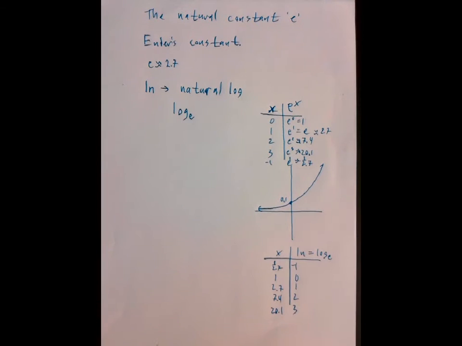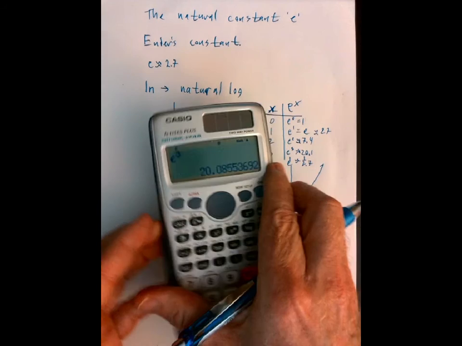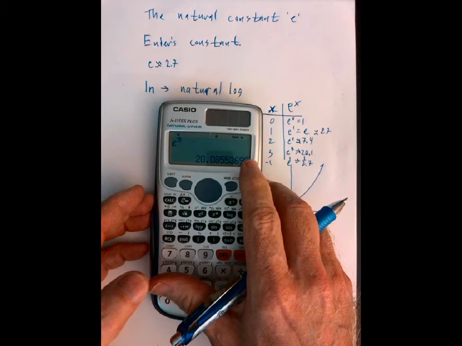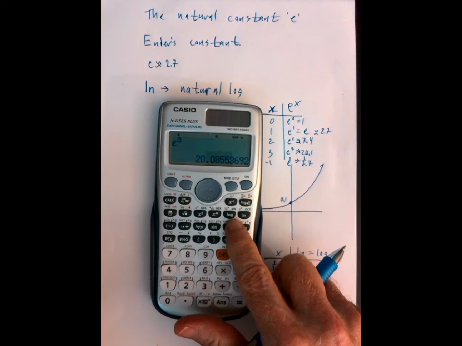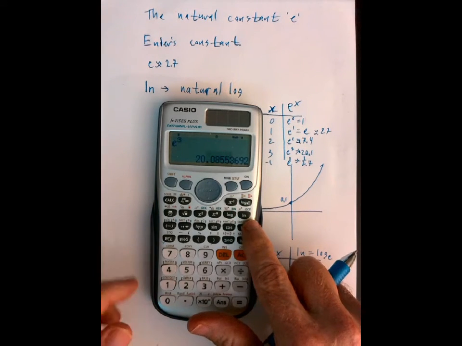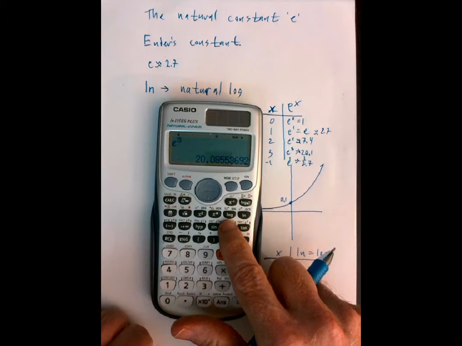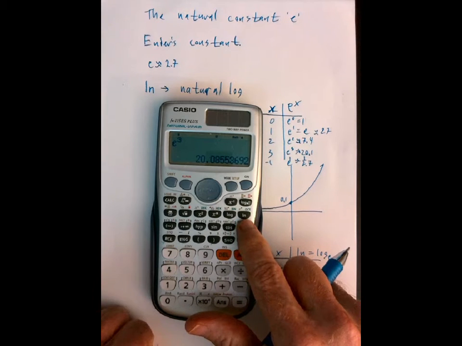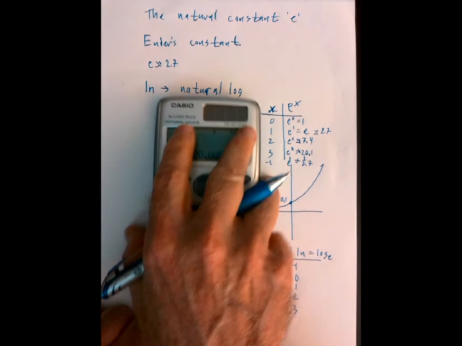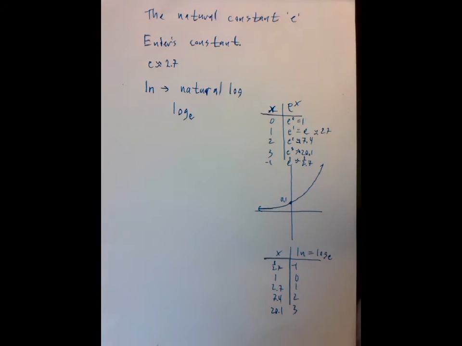When we evaluate natural log, it's on your calculators here, and it's usually right next to the log base 10 key. So if you're looking for it, that's where it is. Now, what do we do with that?